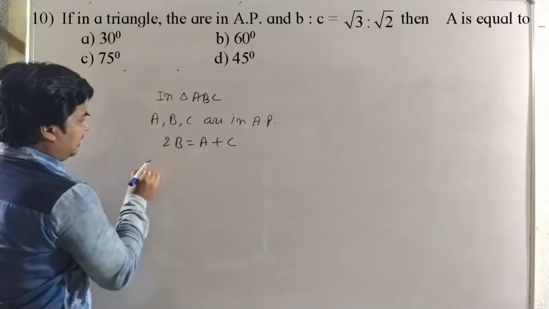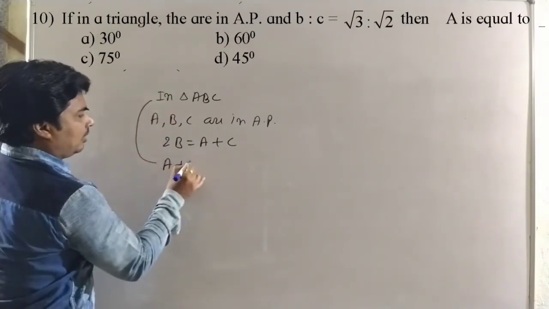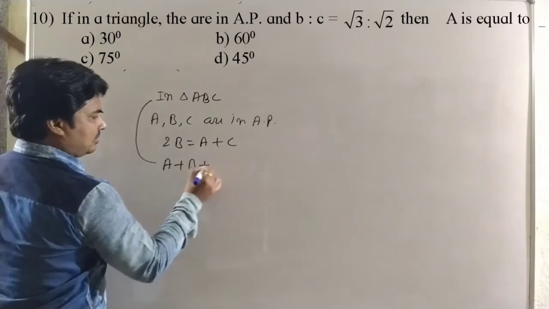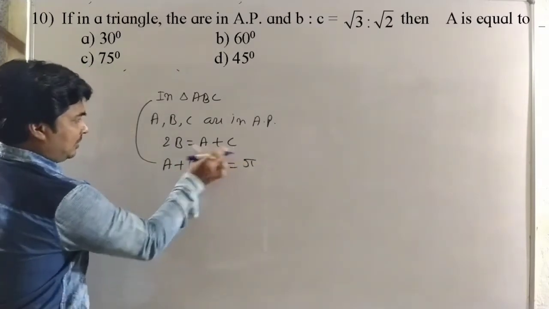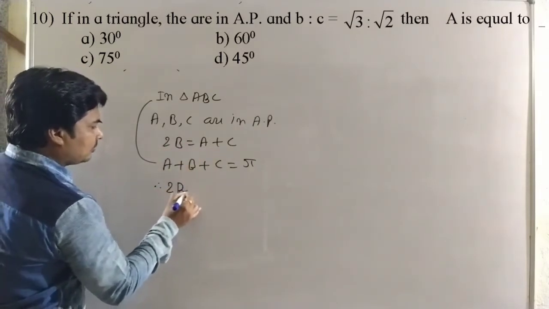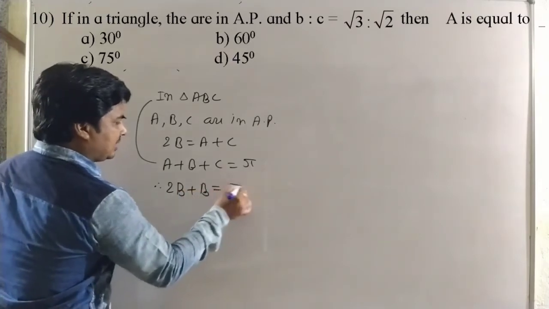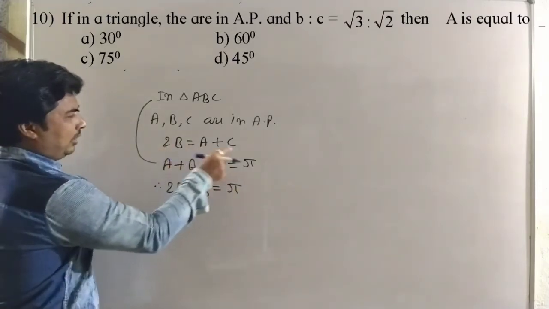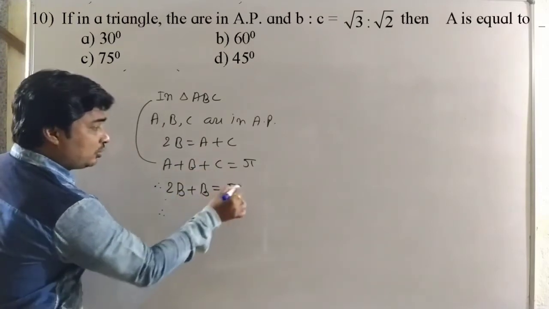Now in triangle ABC, A plus B plus C is equal to 180. Okay, and here A plus C is equal to 2B. Therefore we write 2B plus B is equal to pi. See carefully. 2B is equal to A plus C. This A plus C is 2B, and therefore 3B is equal to pi.